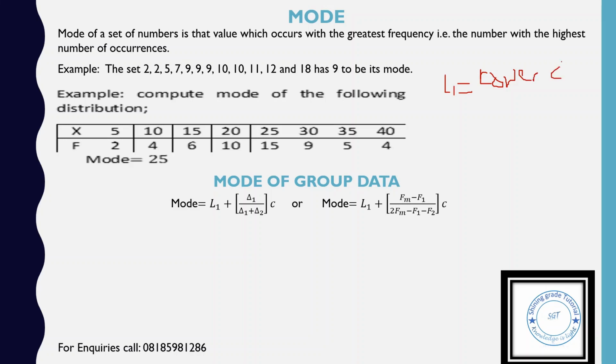Here, L1 is the lower class boundary of the modal class. The modal class is the class with the highest frequency.